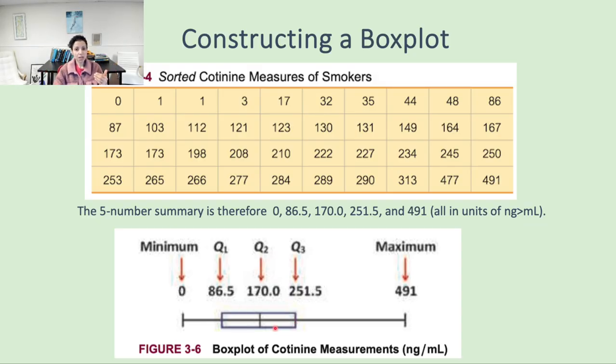If the position of the box is closer to 0, then that tells us that our data is right skewed. If our box is closer to the maximum, it tells us that our data is left skewed. If it's right in the middle, it tells us it's more normally distributed and there's no skew.